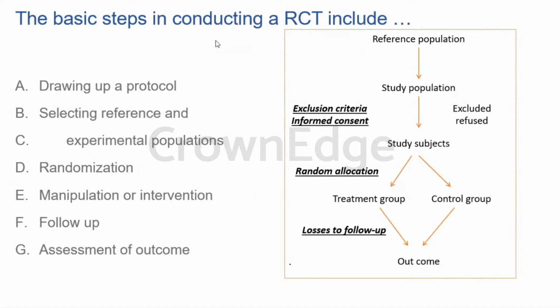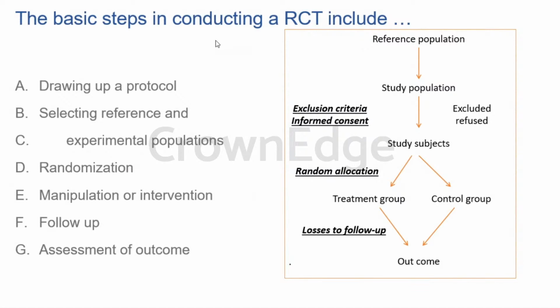Then you are going to randomize the population, and then divide them into treatment and control groups. Once you carry the process of random allocation out and divide the participants into treatment and control groups, you are going to intervene at that stage.